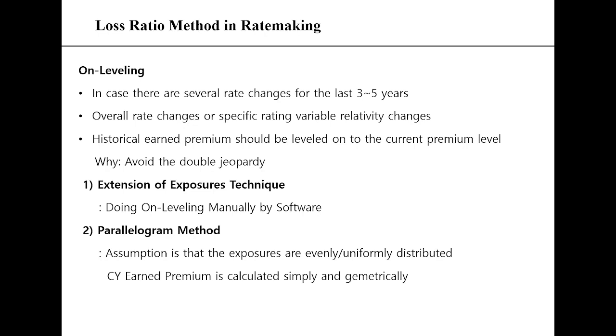You did, let's say, 3 or 4 rate filings increasing the rate, and then you use the premium from before you increased it. Can you do that? It's like saying, my premium level is so low that I'm losing money, so I would like to increase the premium rate. That's why you submit the rate filing and increase the rate, and then you're using the history from 3 years ago, or 2 years ago. You're not allowed to do that.